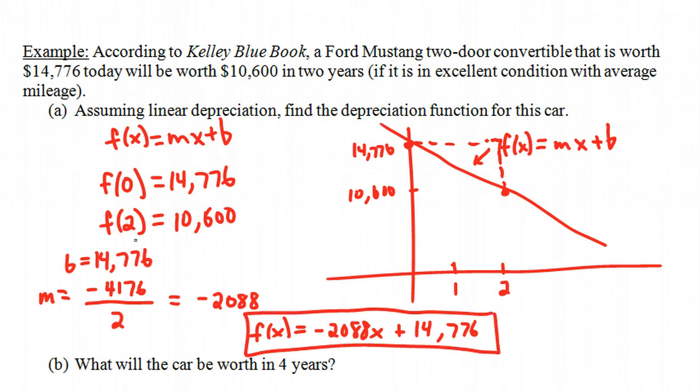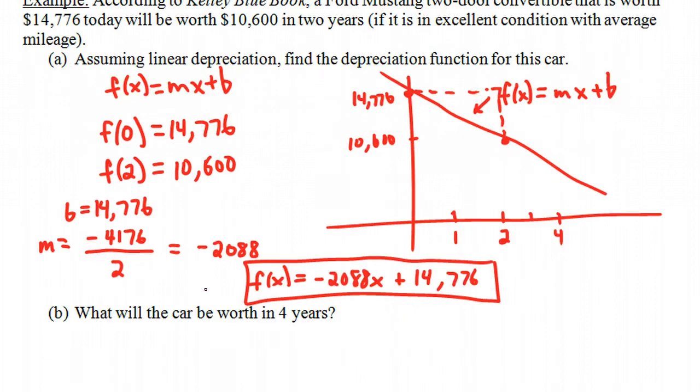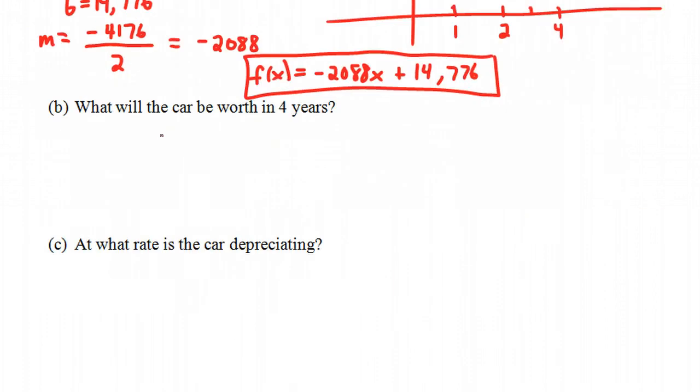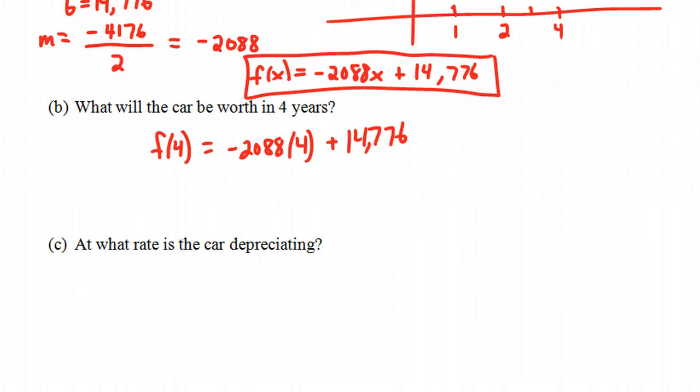Now the question in part B is what will the car be worth in 4 years? So suppose you go over here to 4. What will the car be worth in 4 years? What we really need to find is f of 4. So plug in 4 into this equation. When you multiply negative 2,088 by 4, you get negative 8,352.